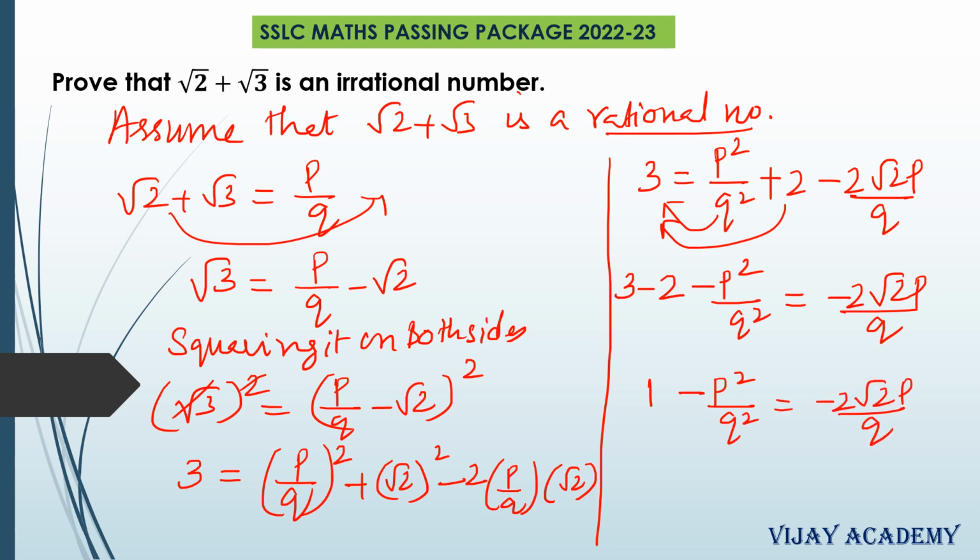Now take the LCM of 1 and q square, which is q square. So we get the first term as q square, because 1 into q square will give you q square. Multiply the numerator also by the same, so we get q square, and the second term will remain the same, which is equal to minus 2 root 2 p divided by q.